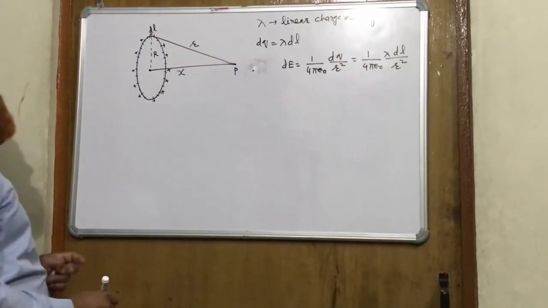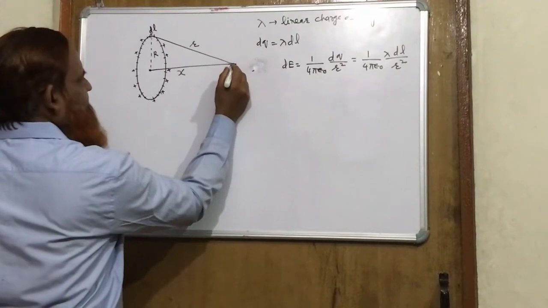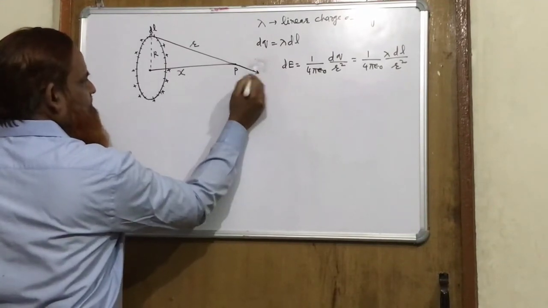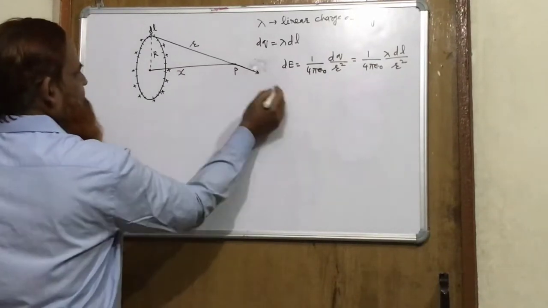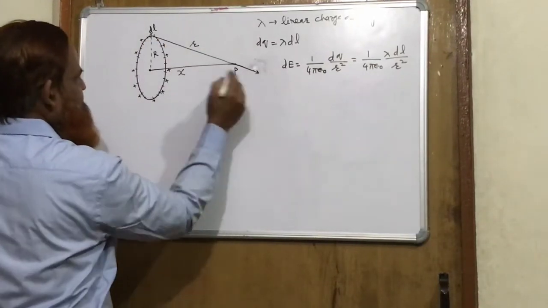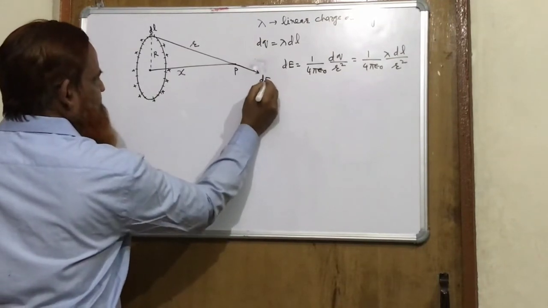The electric field is a central force. It acts along a line, away from the positive charge. This is the direction of dE.